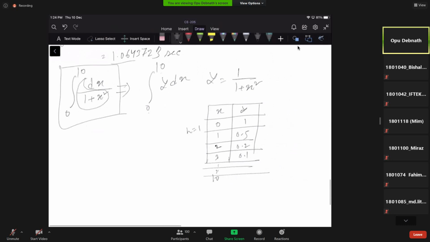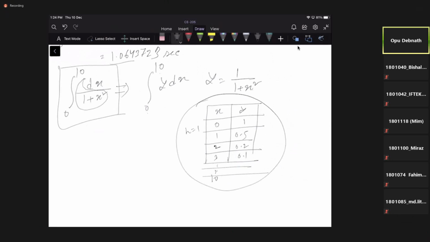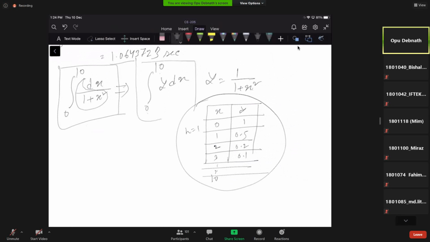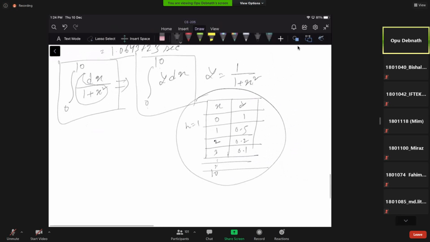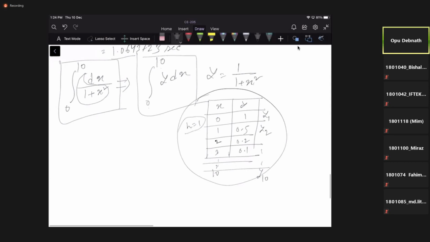So you can easily generate this set of data, and then you go for our conventional numerical integration process by any method. That means you have the y values, y1, y2 up to y10. After finding all this data, you have the h values and y values.